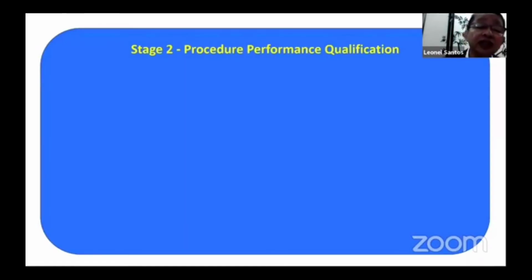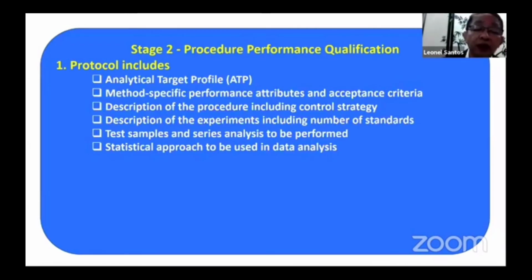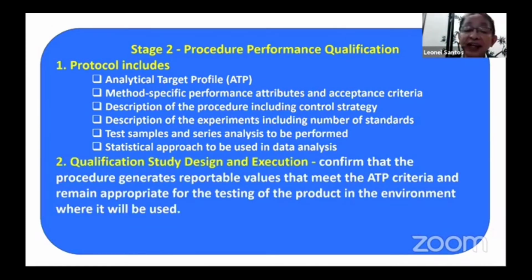So when you start stage 2, which is the procedure performance qualification, it has 3 elements. The first one is to establish a protocol. What are those protocols? Protocols are those that contain the ATP, the method-specific performance, the description of the procedure, description of the experiment, test samples, all the statistical approach to be used for data analysis.